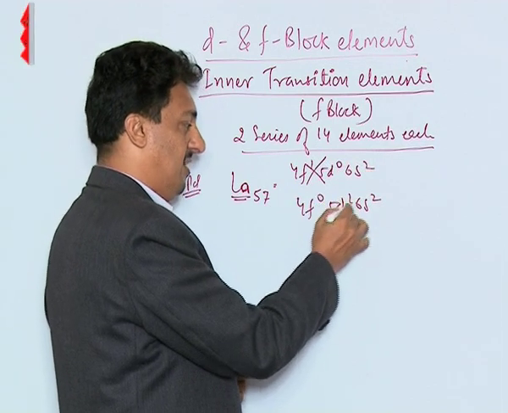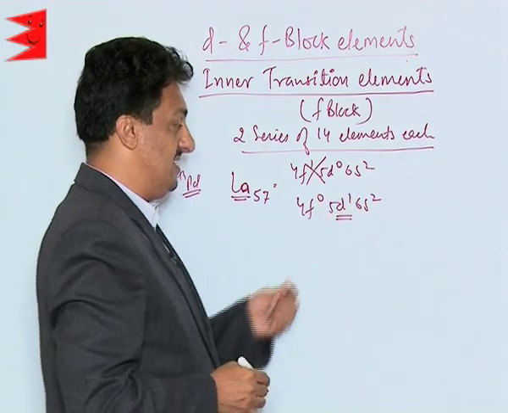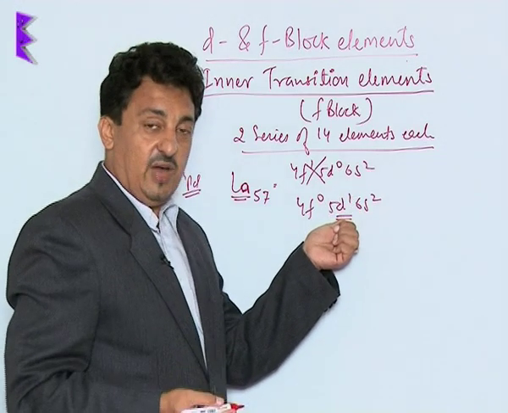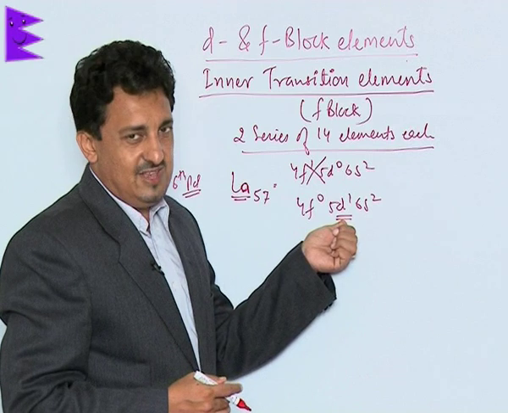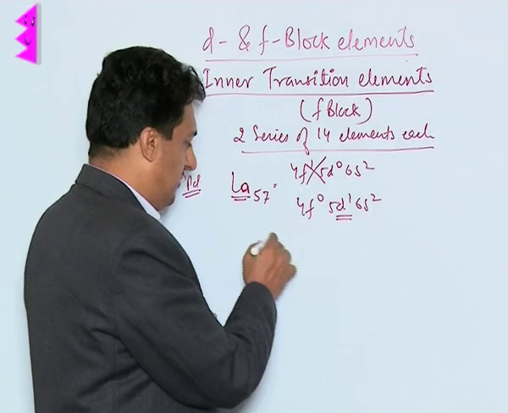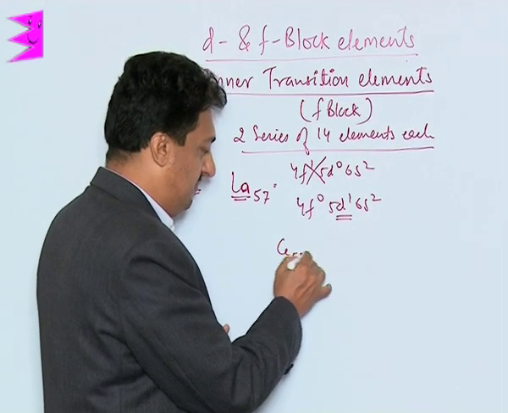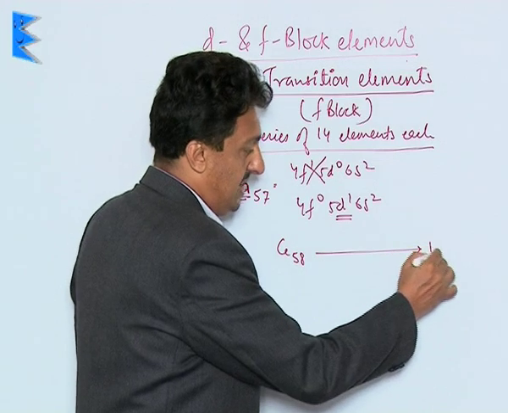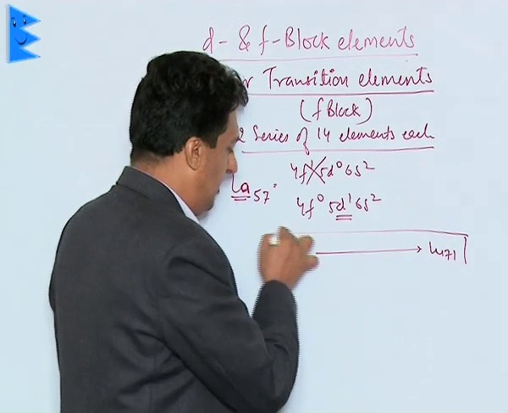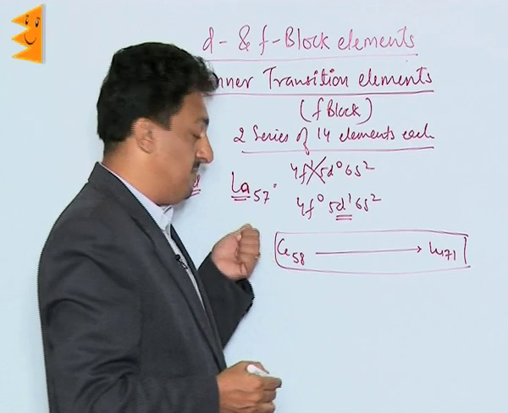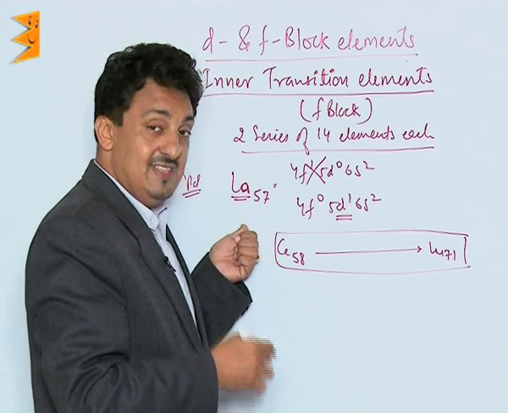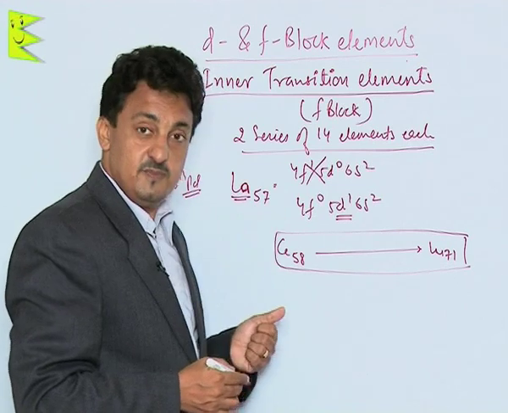Since the last electron, the 57th electron of lanthanum, enters the 5d, we are forced to place lanthanum in the D block. But from the very next element, cerium 58, to lutetium 71, all the remaining 14 elements after lanthanum have their electrons entering the 4f.